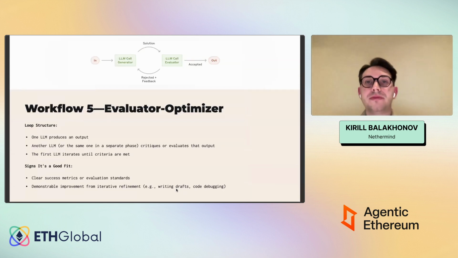The next pattern is called evaluator-optimizer. This pattern creates a feedback loop where one LLM generates content while another provides evaluation and critique. The iterative process continues until quality criteria are met. This approach mirrors human editing processes and works especially well with clear evaluation parameters. It's not necessarily only when you have a clear evaluation.